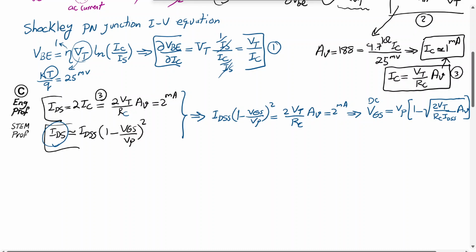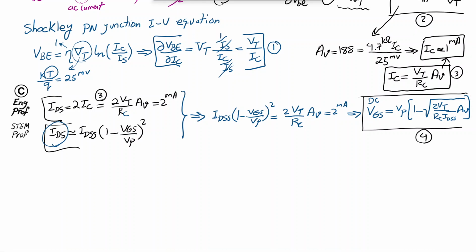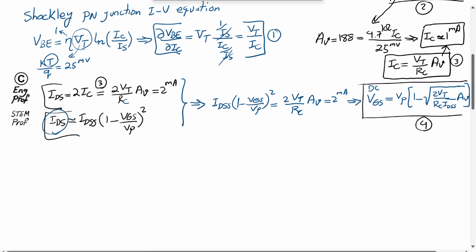If we substitute that, what we find is, of course, let me do it quickly here. Let's just name this as a formula here. So that would be number 4, and then what we get is VGS is equal to, let me substitute for the values here.